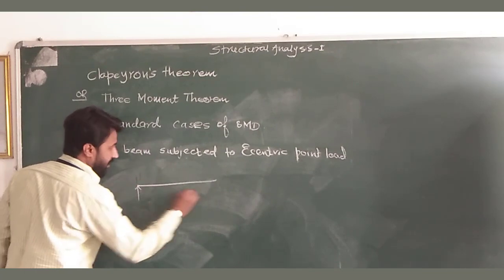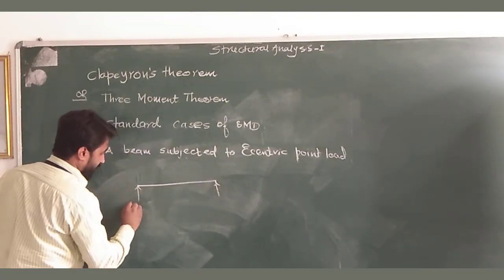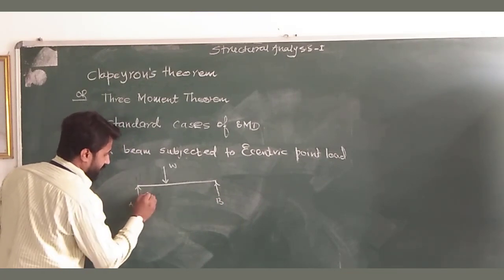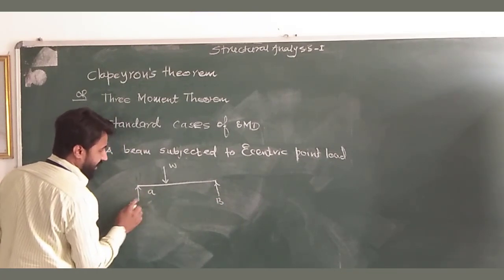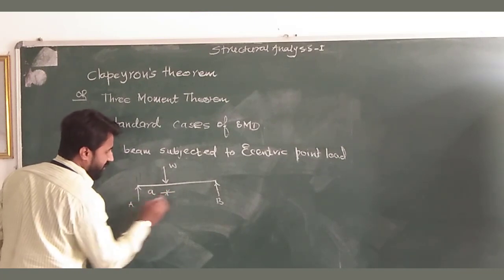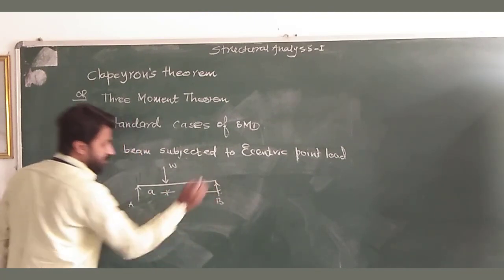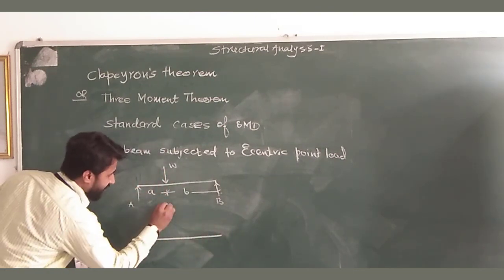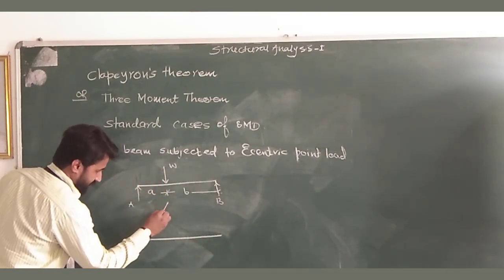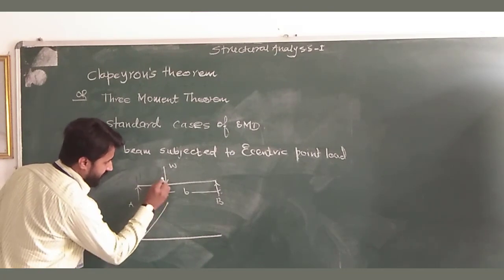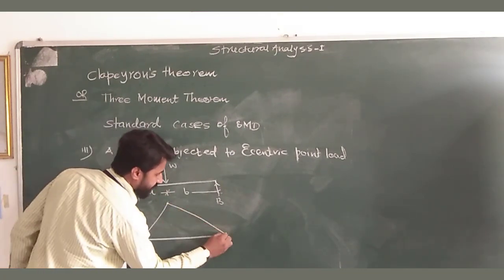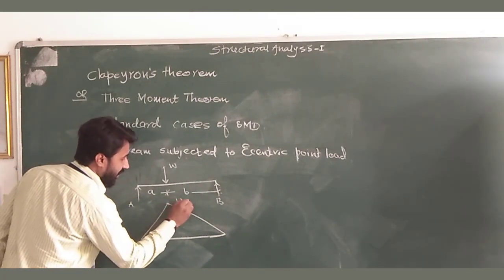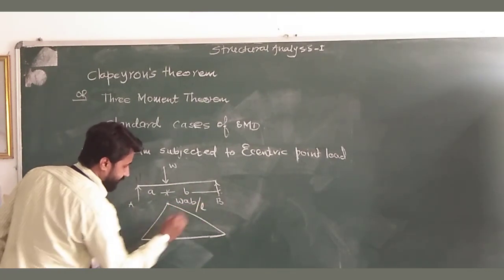If beam AB, with supports A and B, carries the eccentric point load of W at a distance of small a from A support and small b from B support, the bending moment diagram will again be a first degree curve. The maximum value will be below the load, and the value of this bending moment will be Wab by L.